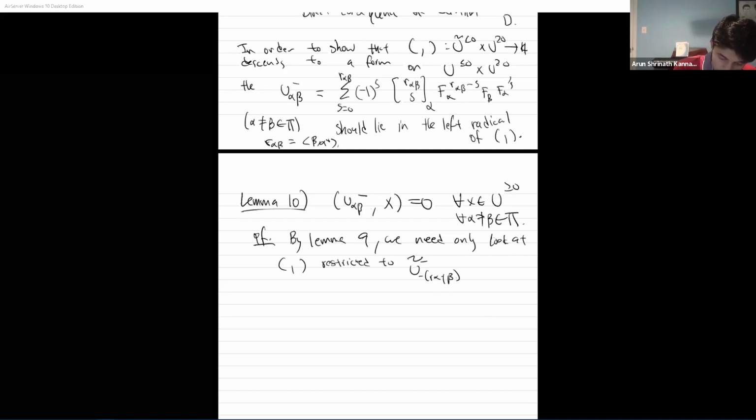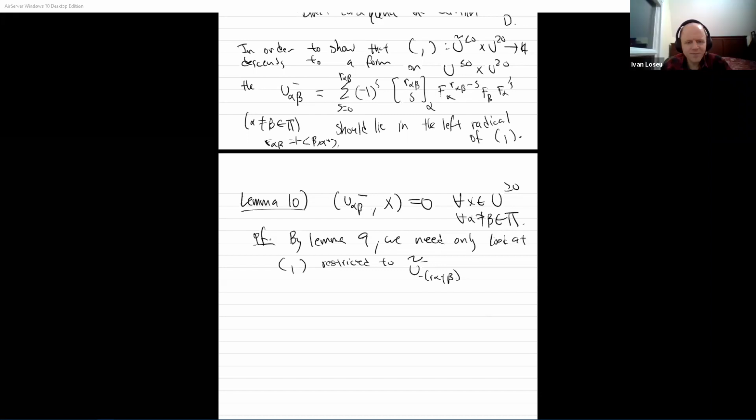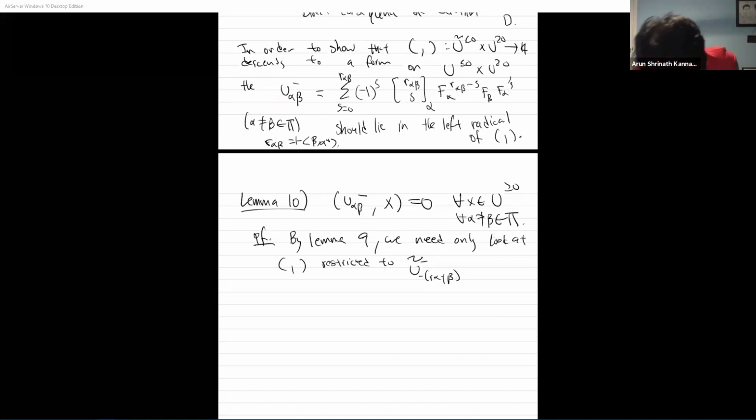And so just by inspection, you can tell that this element U alpha beta, 1 minus that, excuse me, is homogeneous, and it lies in minus this many alphas plus beta. So that's where we get this, U cross U R alpha plus beta plus.